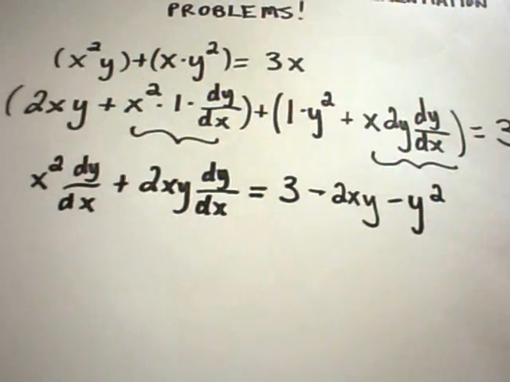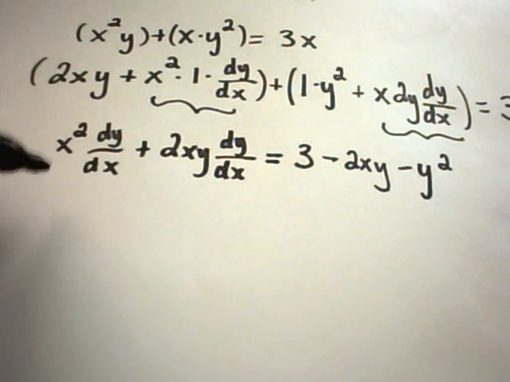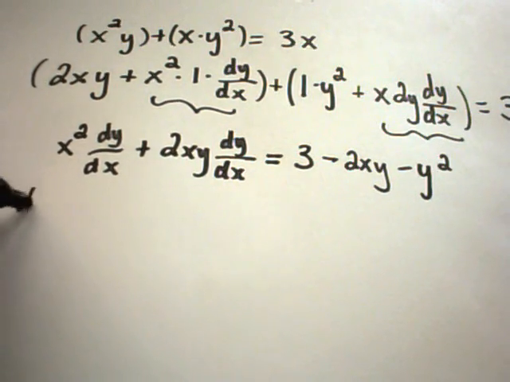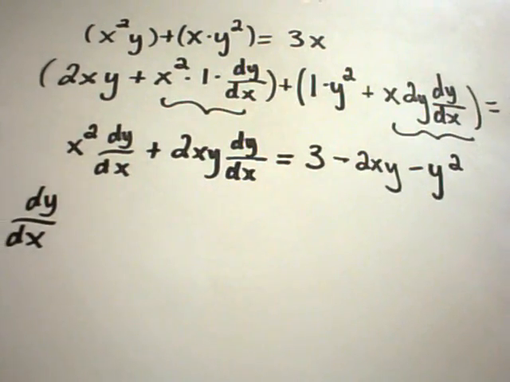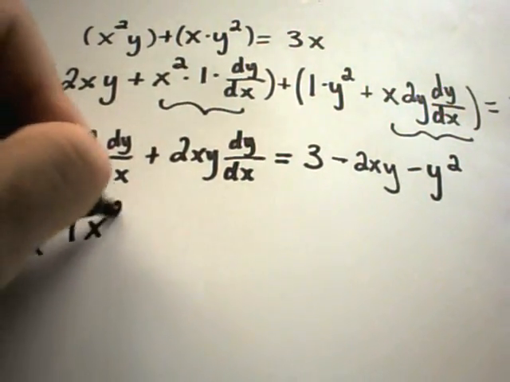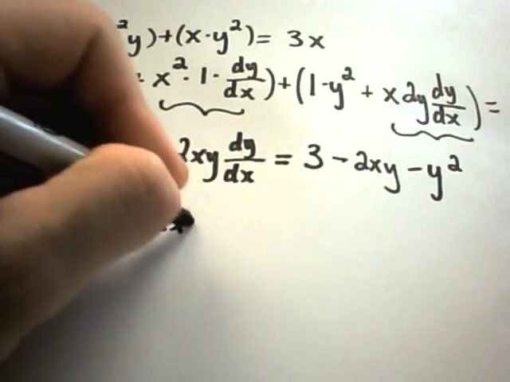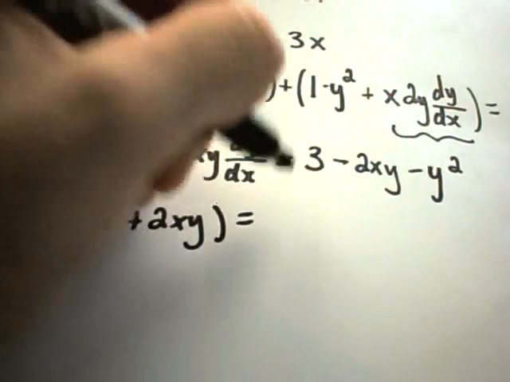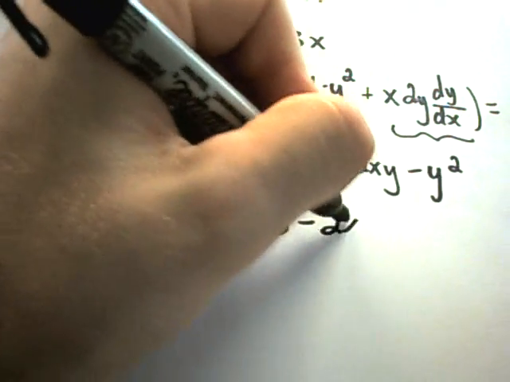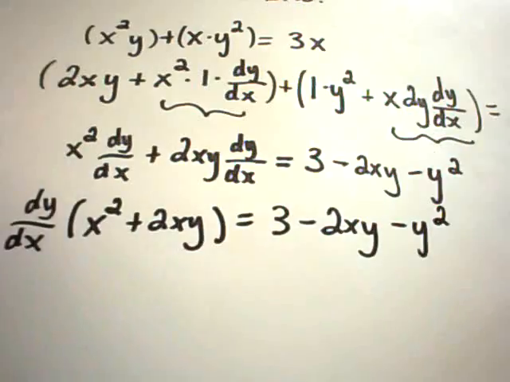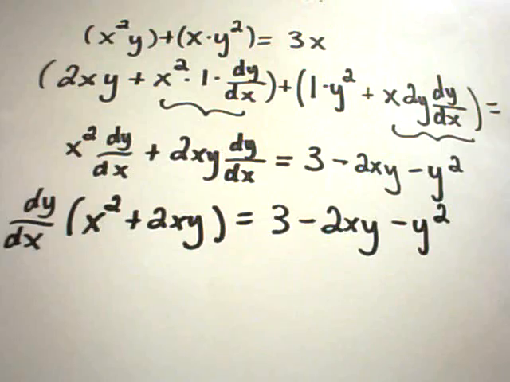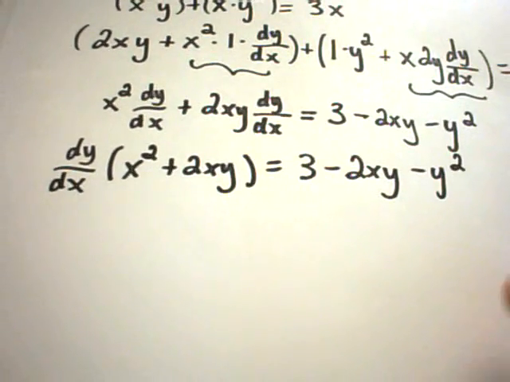Again, now we're basically back to this procedure where you simply factor out the dy dx term on the left side. So I've got my dy dx. I can factor out the x squared plus 2xy, leaving the right side alone, 3 minus 2xy minus y squared, and then I simply divide through by what's left on the left hand side.